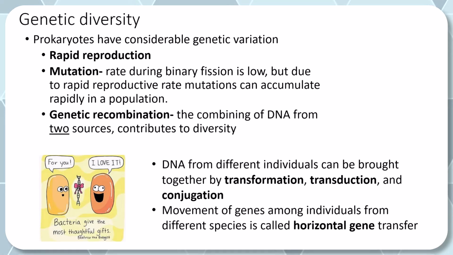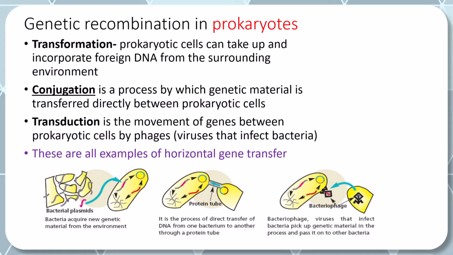Also, prokaryotic organisms can do genetic recombination, where they combine DNA from two sources, which contributes to diversity. You may remember from Bio 1, they can do transformation, transduction, and conjugation as horizontal gene transfer, which is genetic recombination. So if you don't remember, transformation is when prokaryotic cells take up and incorporate DNA from the surrounding environment into their bodies.